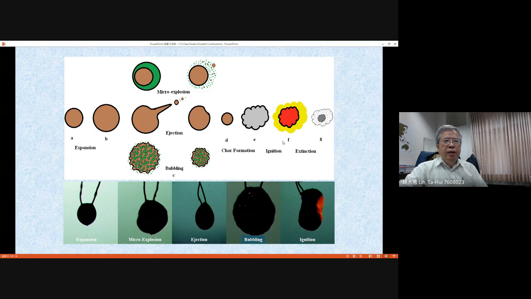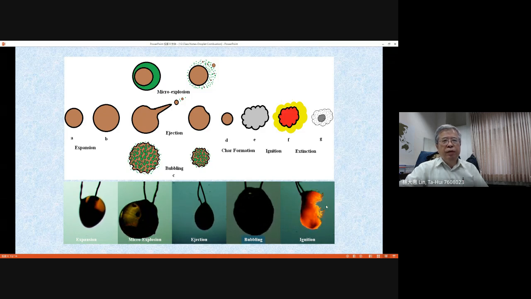In this sense, we found very interesting behavior in the final state. There is some ignition, and you can see the structure after the ignition. There are some fiber-like features at the end of the burning.